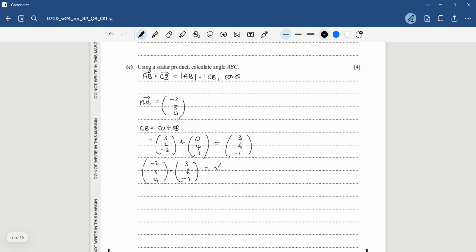If I do this, it's going to be square root of 29 multiplied by square root of 3 squared plus 6 squared plus 1 squared, which is 46, cos theta. So you solve this: negative 2 multiplied with 3 plus 3 multiplied with 6 plus 4 multiplied with negative 1 equal to root 1334 cos theta.